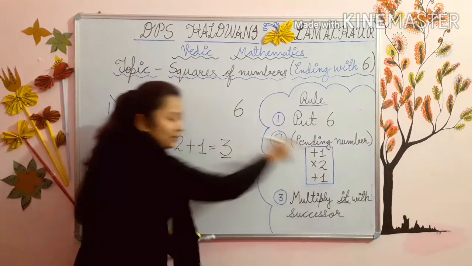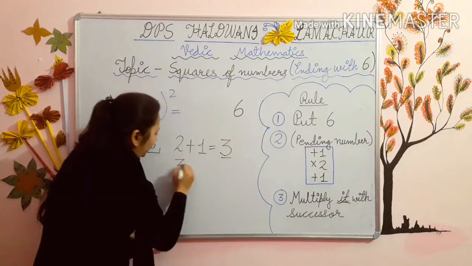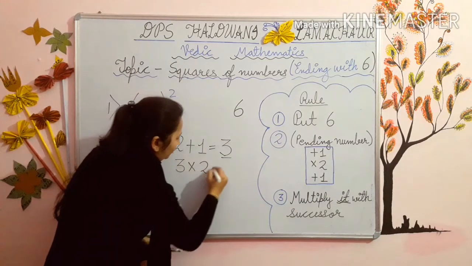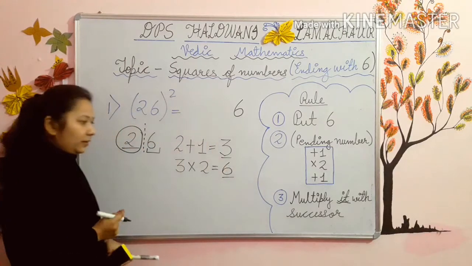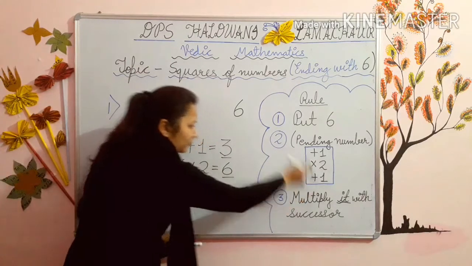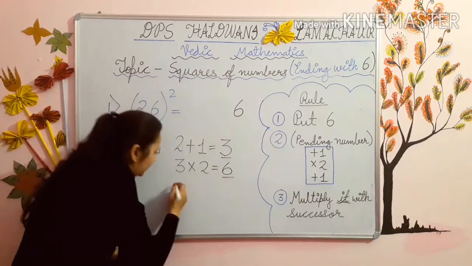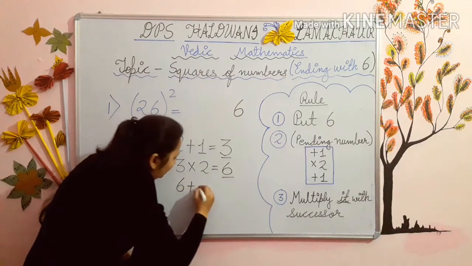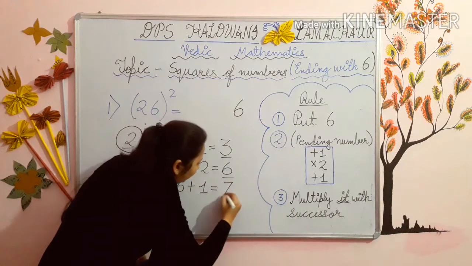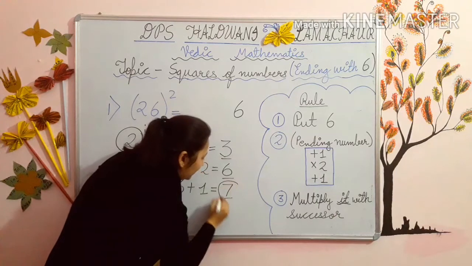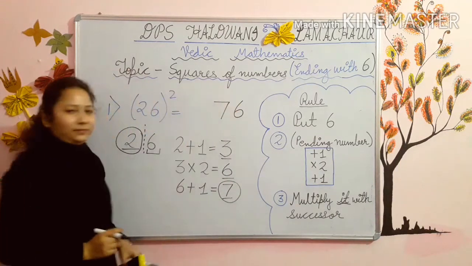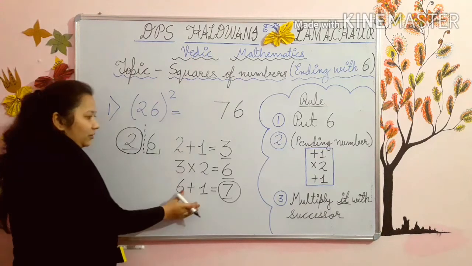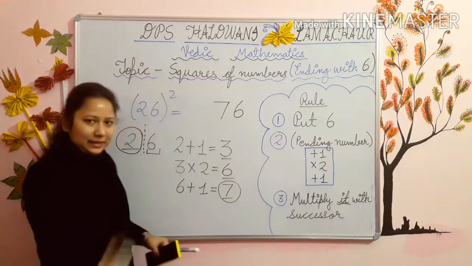Now multiply it with 2. 3 into 2, 3 2s are 6. Now last, add 1 again. 6 plus 1, 7. Now 7 is the last, so you have to put the 7 here. Now this calculation is completed.